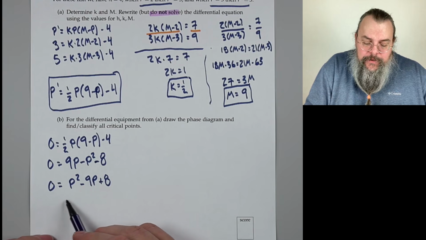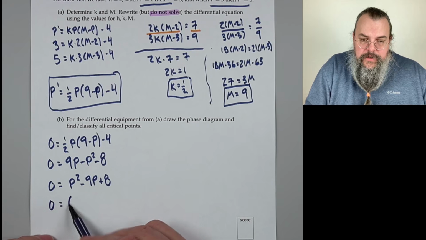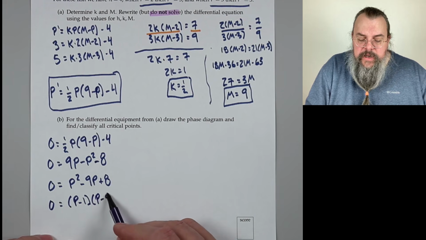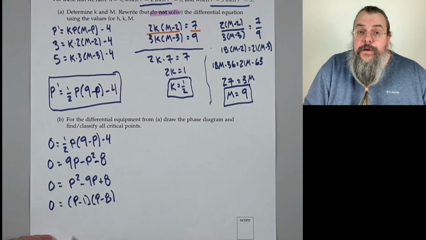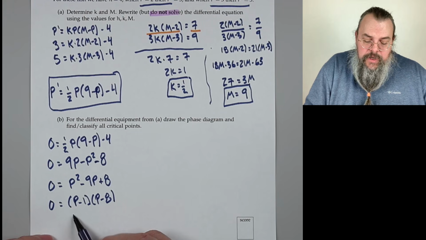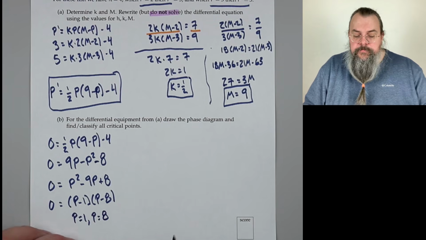And, well, of course, because our teachers like us, it will. So this will factor as p minus 1 times p minus 8. Okay, and so that says, hey, actually, we have two candidates. P equals 1 and p equals 8.